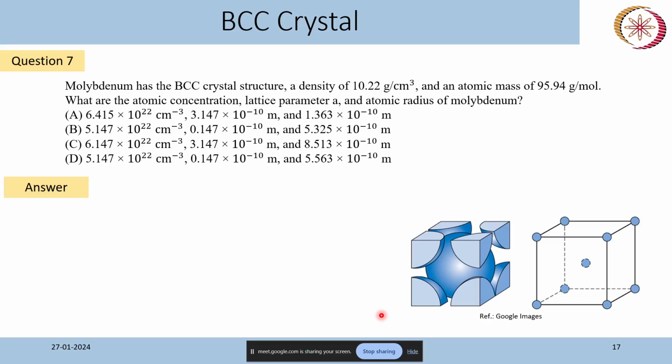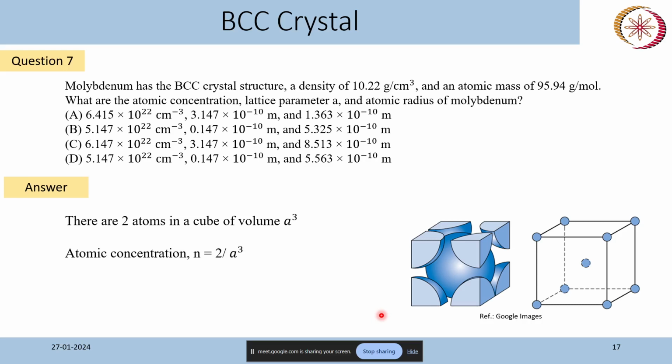So we know the lattice parameter and the number of atoms in one unit cell, so we can calculate the atomic concentration. So how will we calculate? There are 2 atoms in a cube of volume A cube, and A we already calculated.